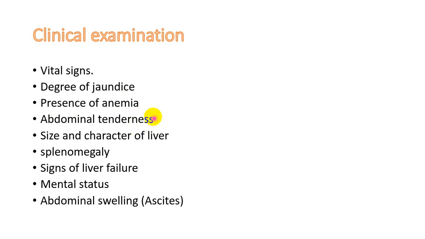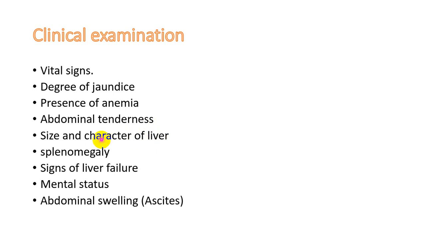There is an abdominal tenderness, which could point to an area of inflammation or collection. Liver size is important. In chronic liver disease, the liver will be small in size, or shrunk, due to liver fibrosis, as occurs in patients with cirrhosis. In some types of cirrhosis or metabolic disorder, there will be a large liver.